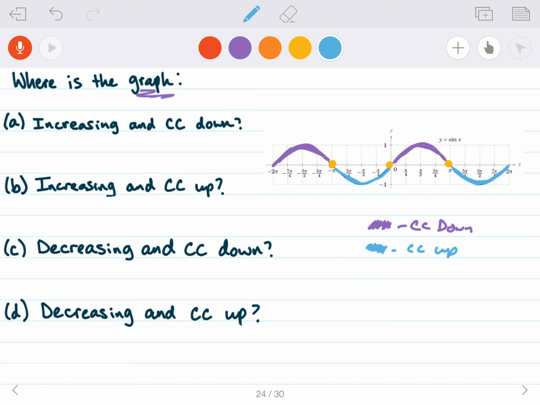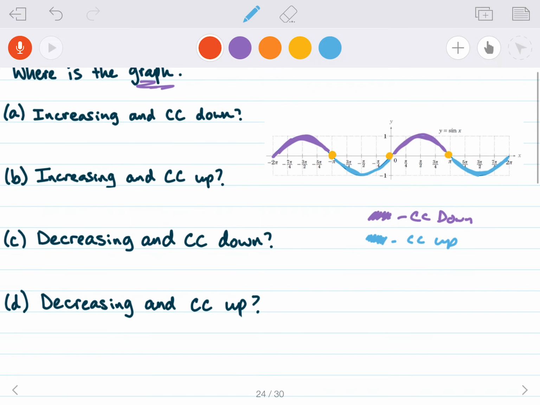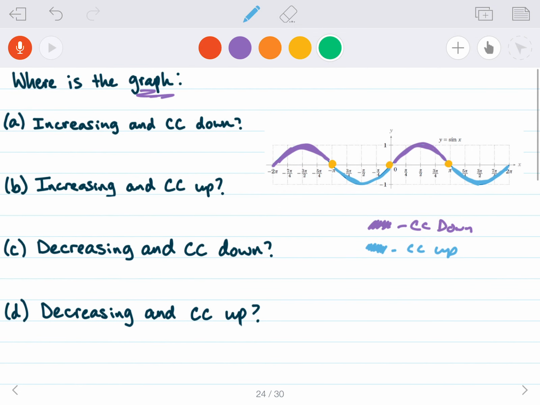Well, if we look at the concave down part, it appears to be increasing if we start at our leftmost point, from x equals negative 2 pi all the way up to x equals negative 3 pi over 2. So x is negative 2 pi to negative 3 pi over 2.